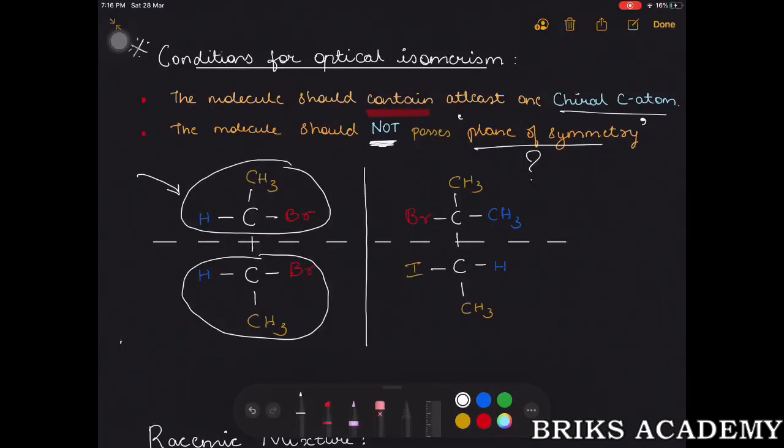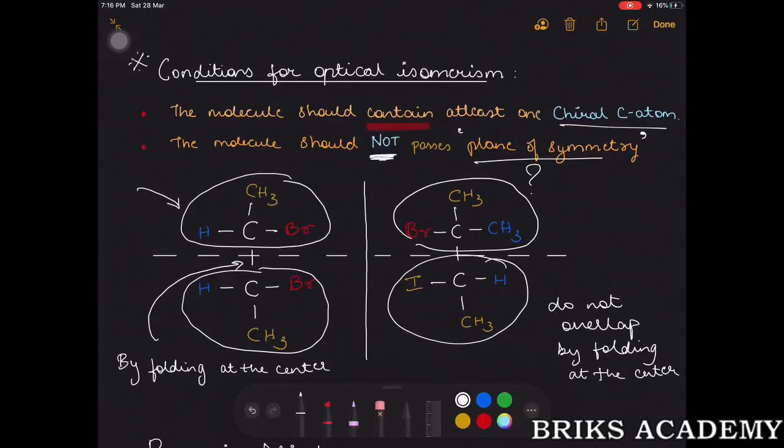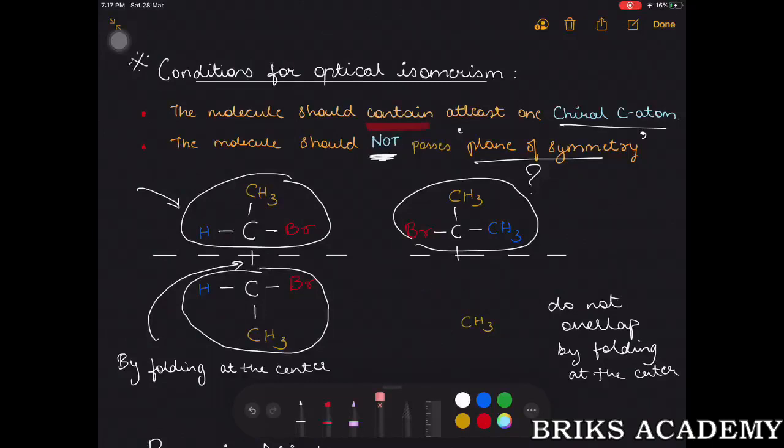Now, by folding the compound in the middle, the compound overlaps. But when you observe the compound on the right, the upper part is not the same as the lower part. So, when you fold the compound in the middle, the compound does not overlap. So, the concept of plane of symmetry can be explained in the example on the left.